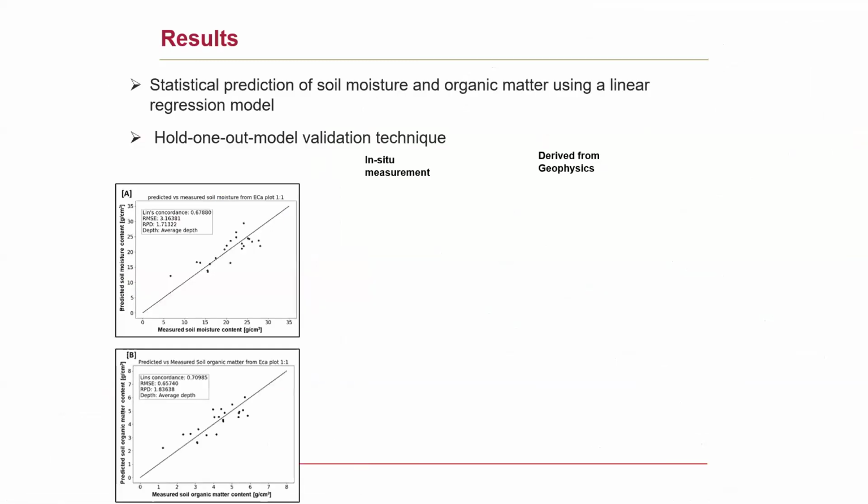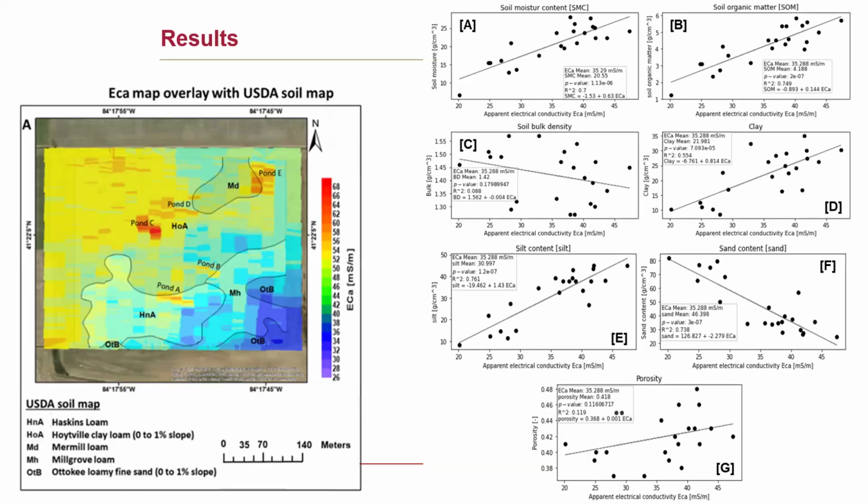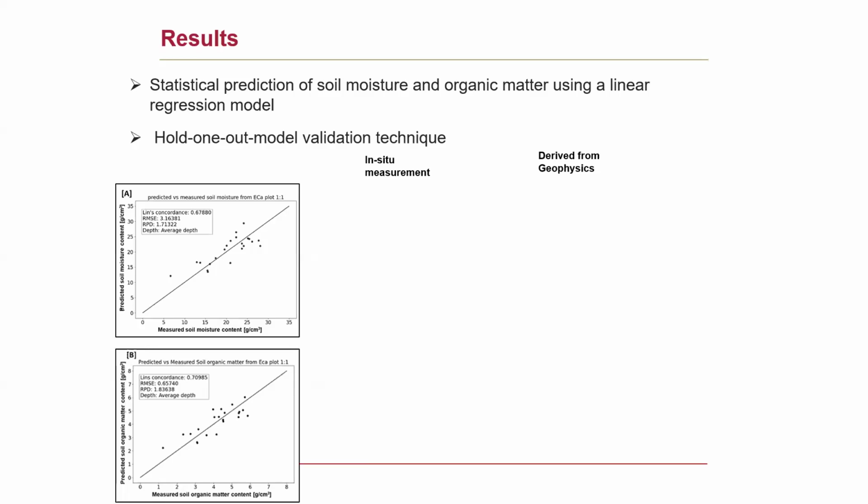If this relationship holds, and of course, having tested this relationship statistically, just to be sure that we're not just looking at correlation and interpreting that to be causation, we tested that statistically and we were satisfied. We wanted to say, can we use a simple predictive model? So maybe use a hold-one-out model validation technique to see if we can predict at least two of these soil properties, moisture content and organic matter. And this is what we have if we predict the moisture content based on the geophysical signal.